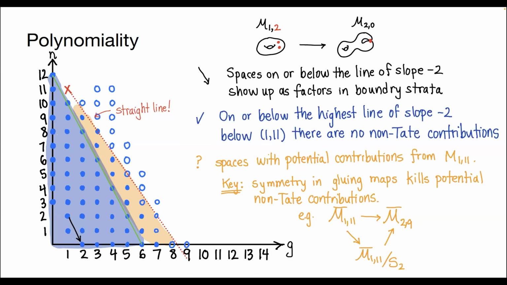But that gluing map factors through the S2 quotient, which exchanges the two markings you're gluing together. And this means that the only contributions you get from this boundary strata that can survive are the ones that are S2 invariant. And we happen to know that H11 and 111 bar is the sign representation when you permute the marked points.